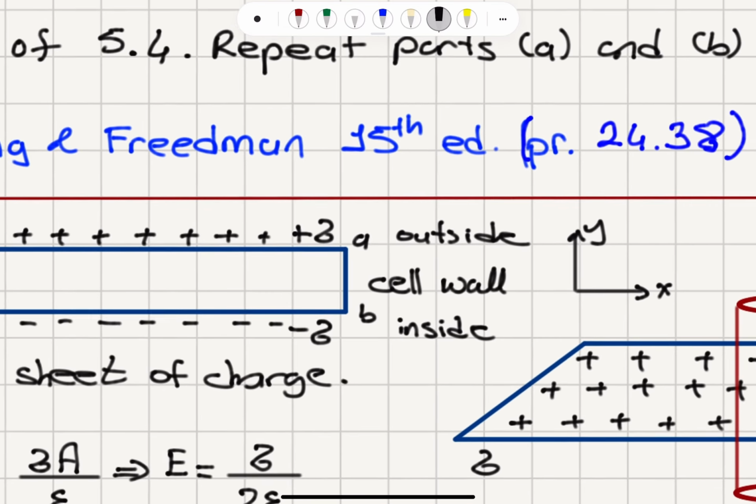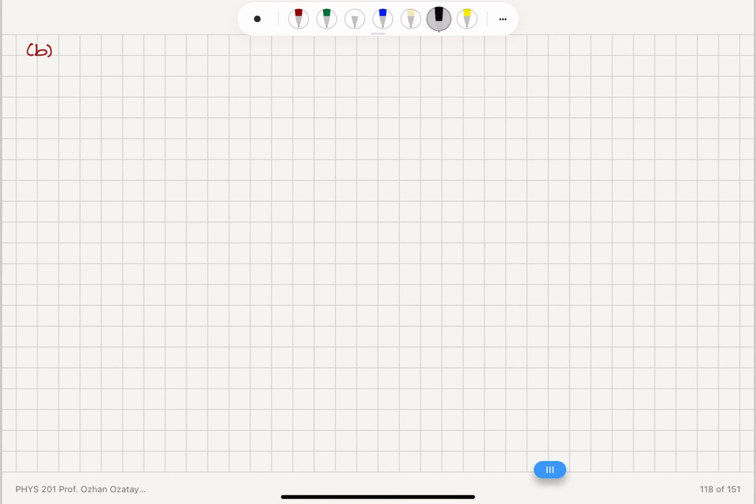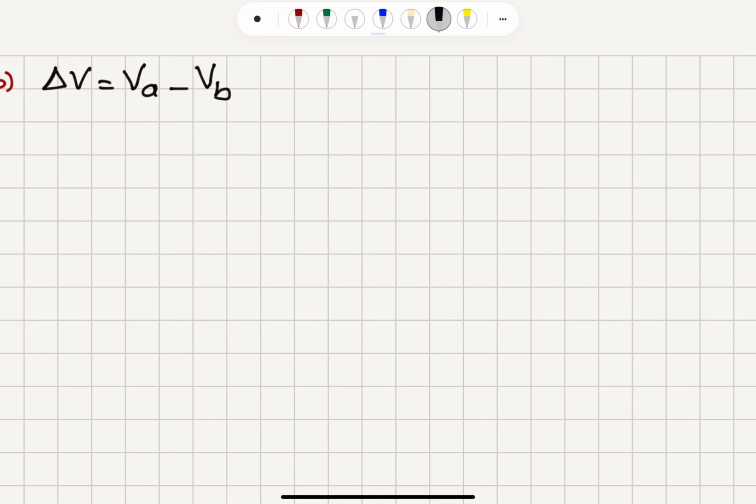I'm going to call the outside surface A, and the inside surface, surface B. The potential difference, delta V, is equal to the potential of A minus the potential of B. So this is basically V AB.